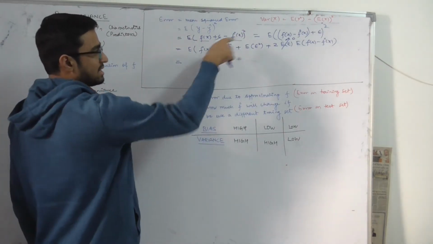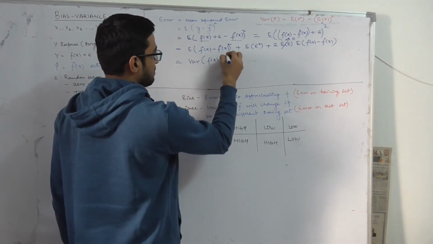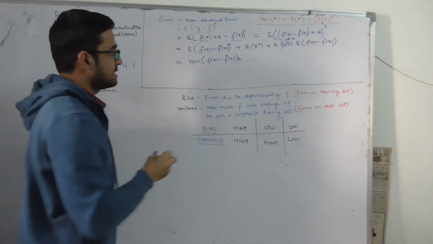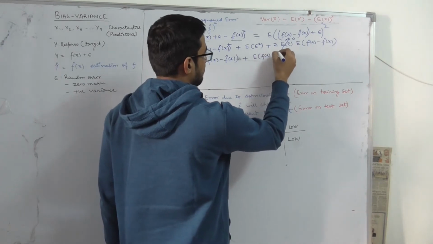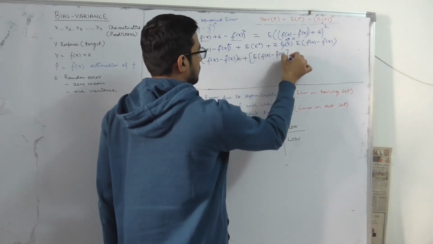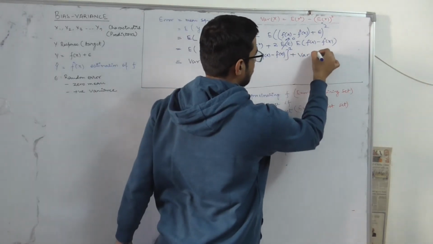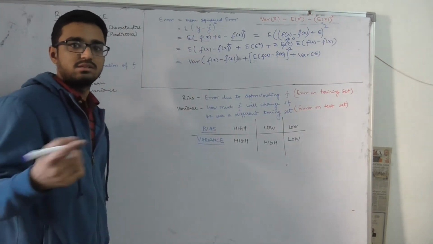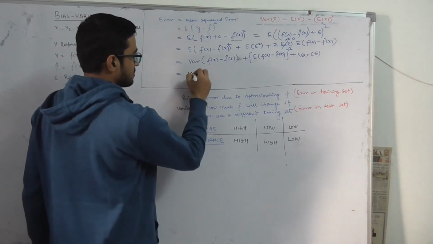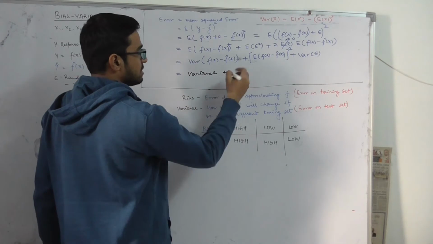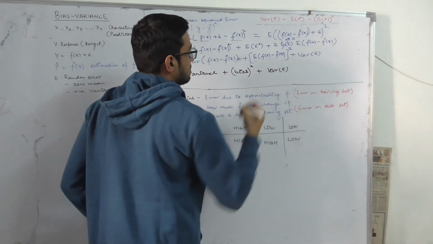So I get variance of (f(x) minus f cap x) plus the expected value of (f(x) minus f cap of x) whole square, and this term remaining I can write as variance of epsilon because the mean of epsilon is 0. Okay, this term becomes bias whole square plus variance of epsilon.